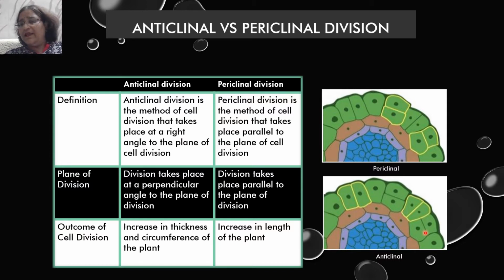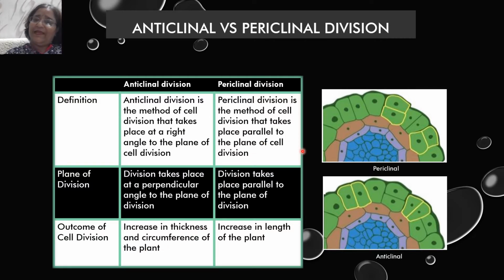This is a layer of cells, this is another layer of cells, and because of this plane of division, the number of cells per layer increases. So due to the anticlinal divisions, the number of cells per layer increases. This increases the thickness and the circumference of the plant.